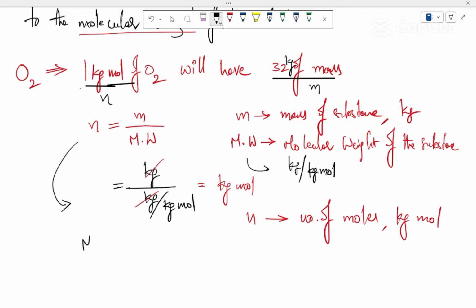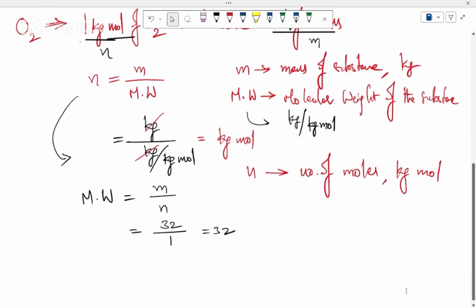That is, the molecular weight is equal to M by N. So here the mass given to us is 32 and N here is 1. So that will obviously give me 32. This 32 is nothing but kg per kg mole.